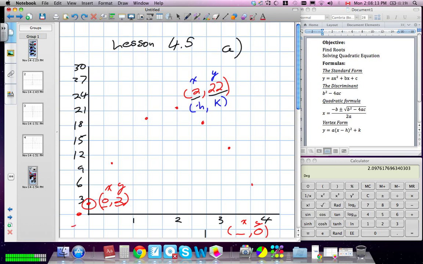Now, which of the x-intercepts represents when the rock is going to hit the ground? I have to make sense of this. 4.1, right? The rock was thrown from 2 meters above the ground, or 2 feet. And then after 4.1 seconds, the rock hits the ground again. So our real answer, because we have to discern between the two of them, is this. The rock will hit at 4.1.